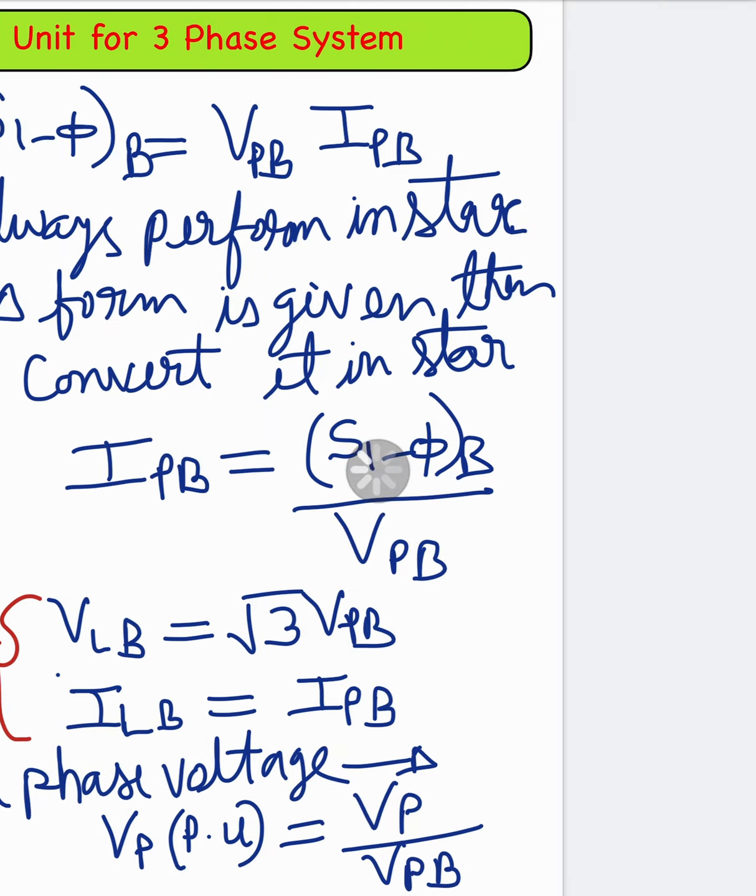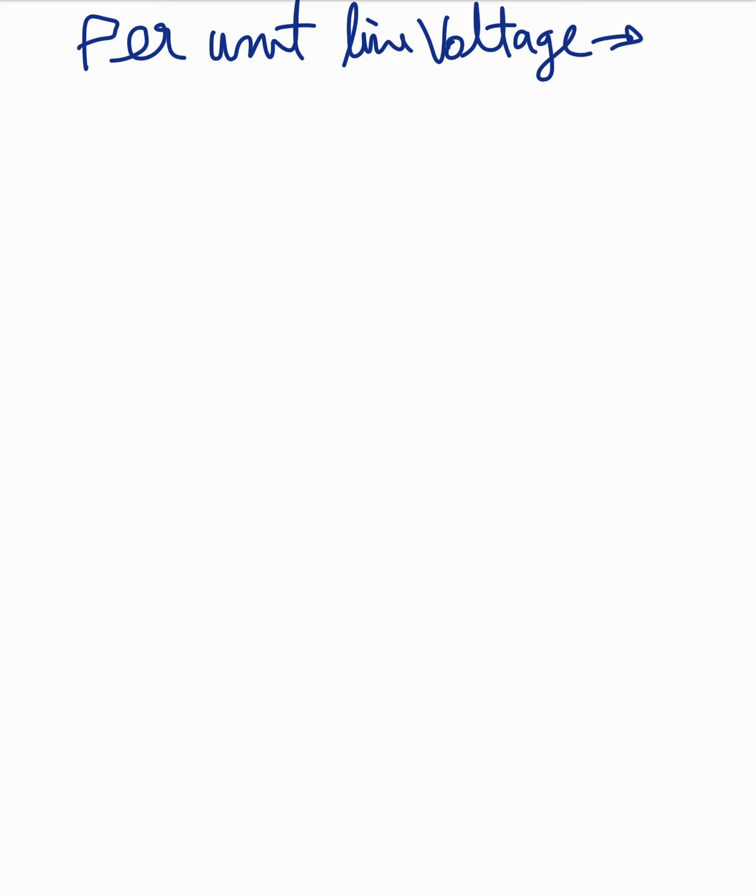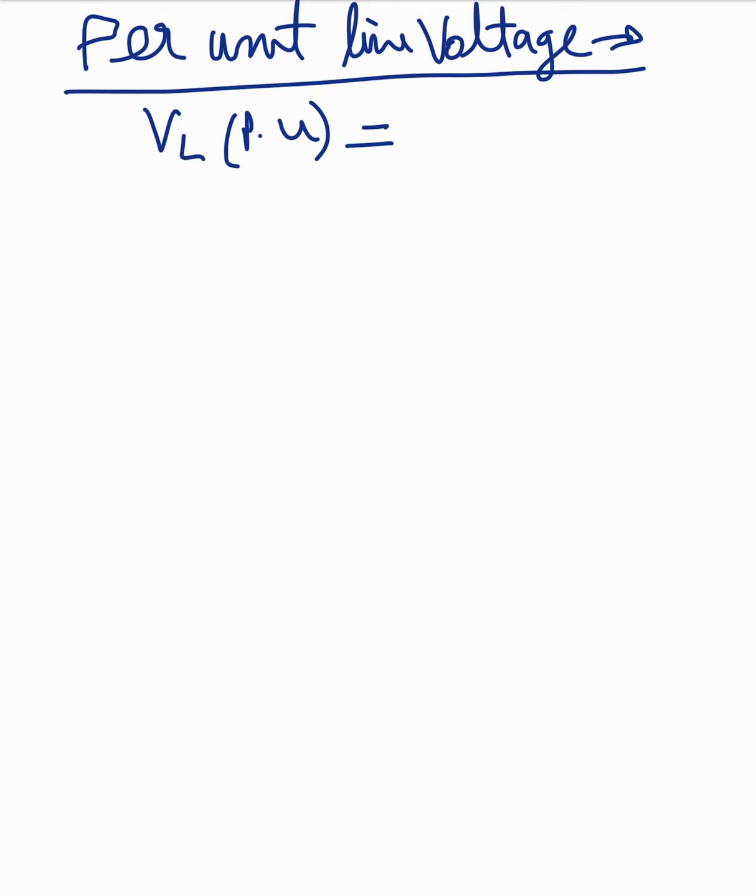Next is per unit line voltage. What is per unit line voltage? So what is the per unit line voltage? We know that VL per unit is equal to VL upon VL base, and for the star connection, VL is equal to root 3 V base.